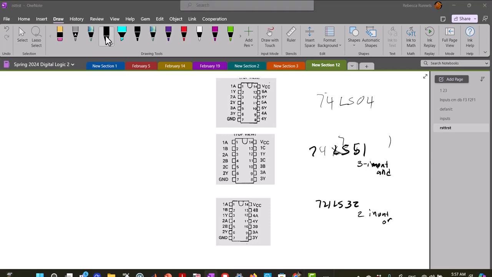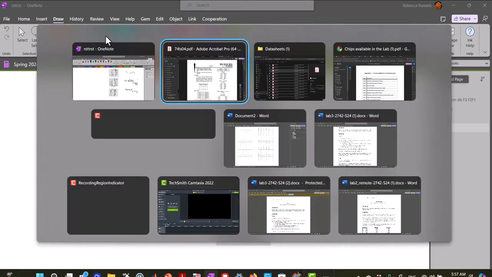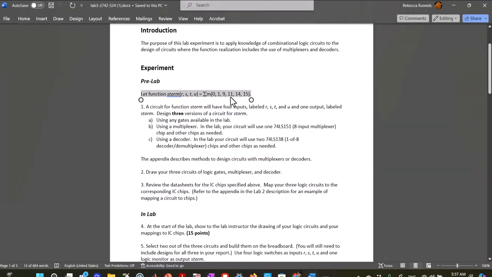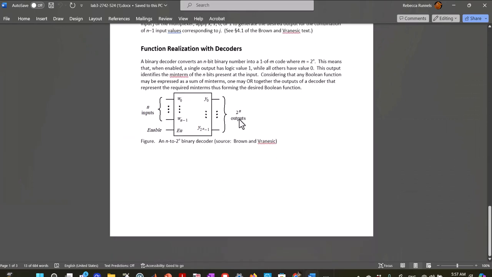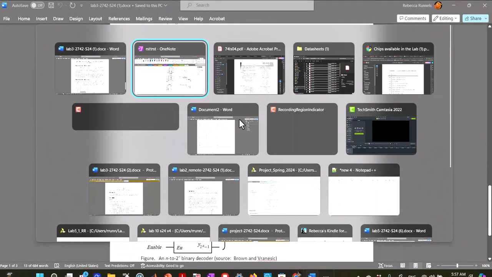Okay, then if you look at your instructions for Lab 3, it shows you, nope, it's not in Lab 3. Where would it be?